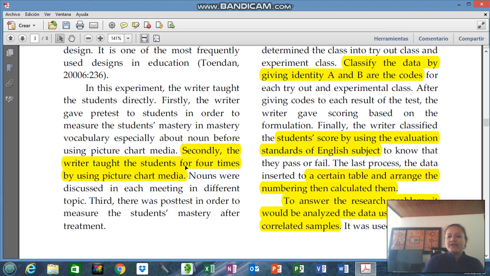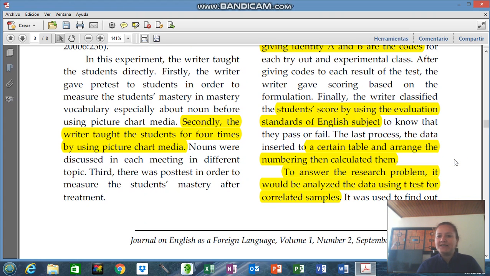Secondly, they gave treatment to the students 4 times by using picture chart media. So in this part, it's telling us that we can take that part, how many times the teacher taught the students until they learned. Right here, students' scores by using the evaluation standard of the English subject.